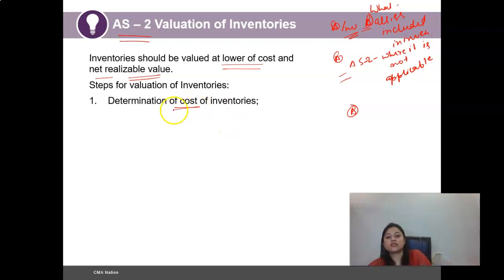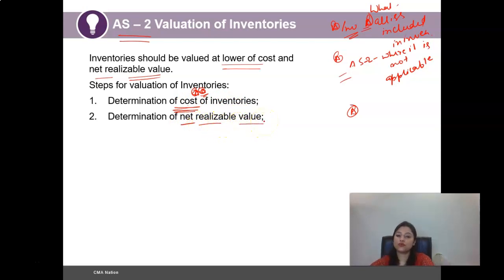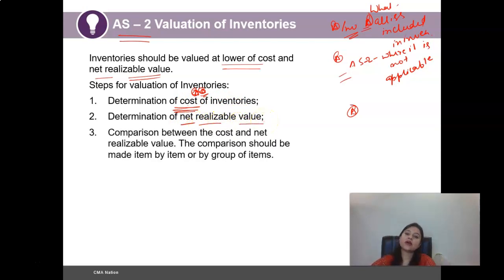Firstly, we determine the cost of those inventories that are to be stated in the books of accounts. Secondly, we then determine the net realizable value of those inventories.